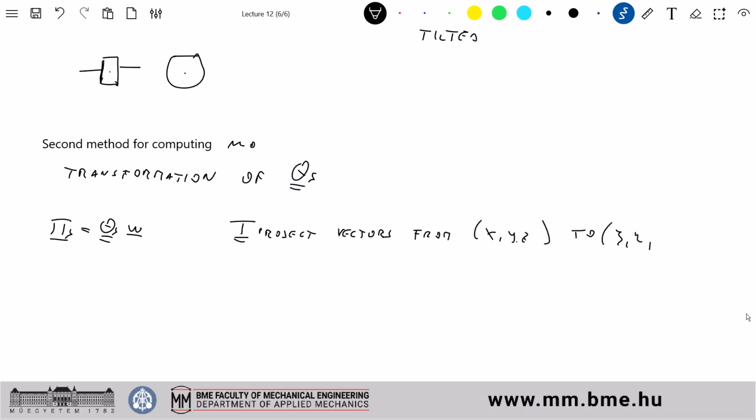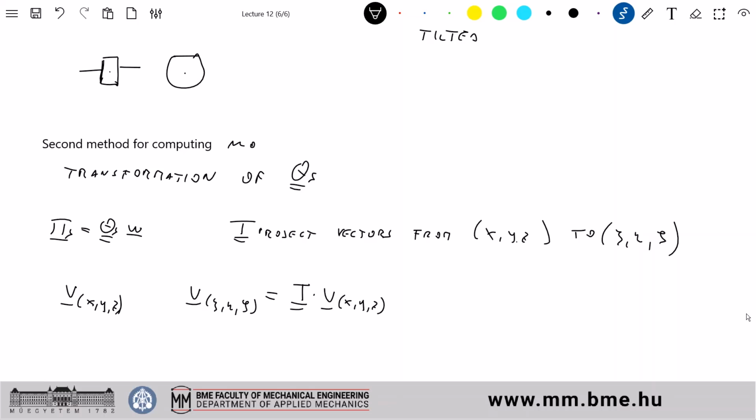psi, eta, and zeta. Okay, and so if I have a generic vector v in the x, y, z reference frame, I will have that this vector v in the psi, eta, zeta reference frame is equal to T times v in the x, y, z reference frame.